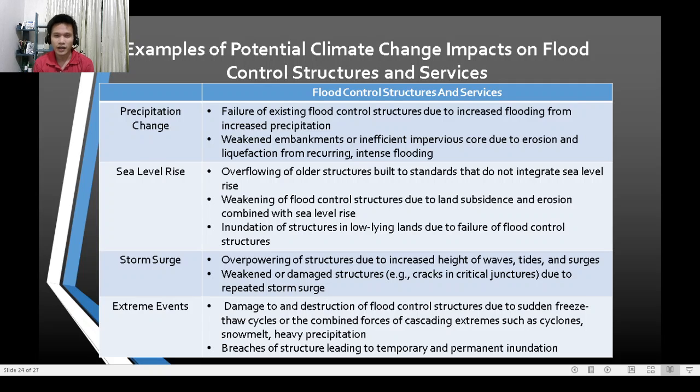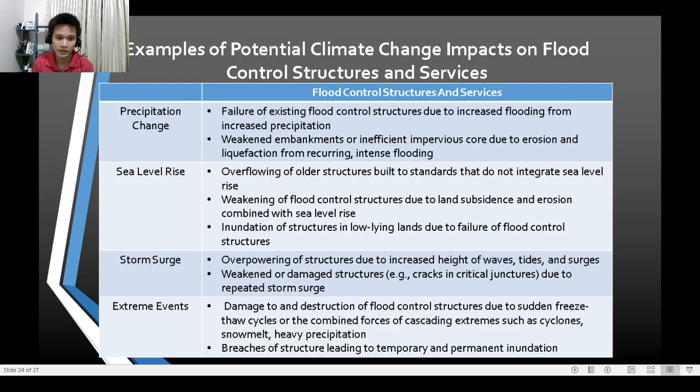So din niya makaya ang increased force nga ang gidesign siya is the previous force nga makaya niya. So weakened or damaged structures, cracks in critical junctures due to repeated storm surge. So kailangan nimo siya i-account ang possibility nga mag-storm, mag-overflow, mag-flood para makaya sa structure.